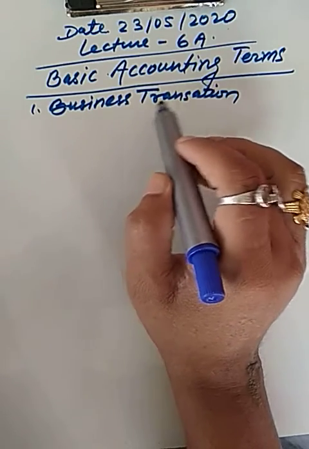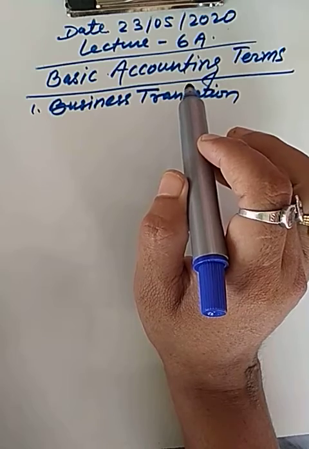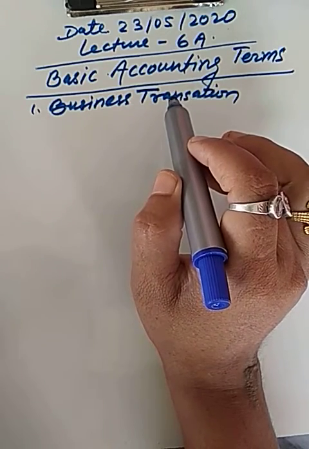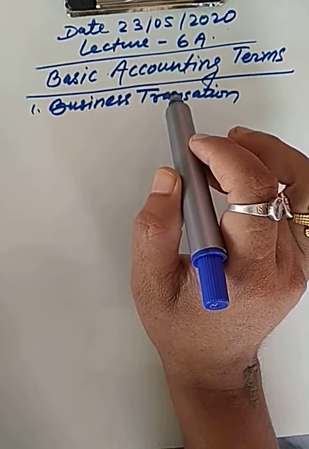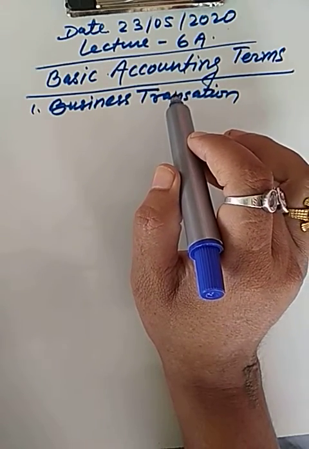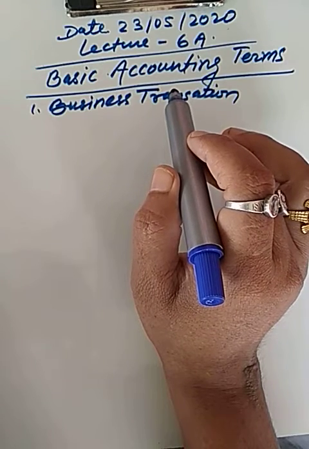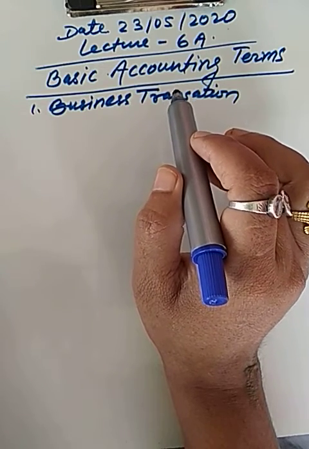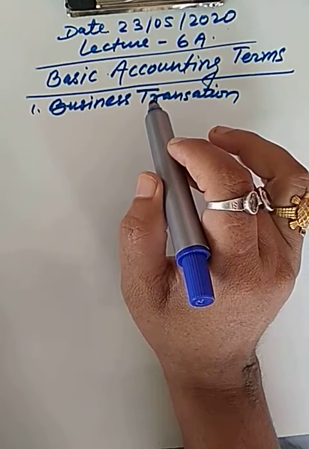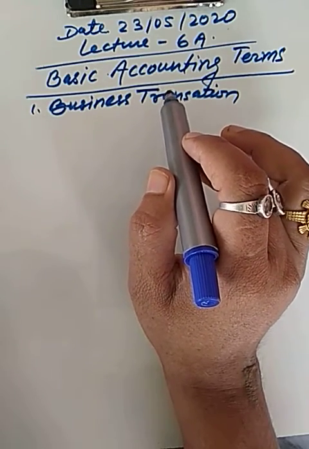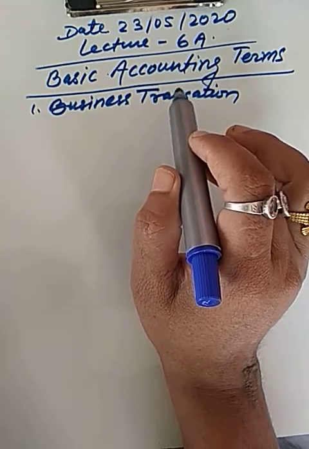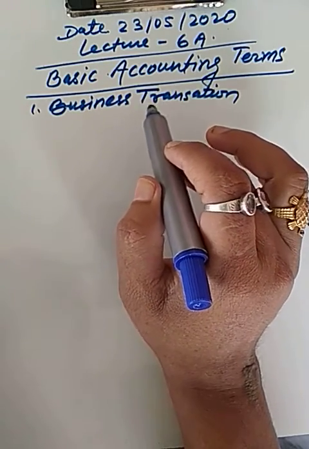Its feature is that it involves an economic activity. For example, when goods are purchased or sold for cash or on credit, or when salary is paid to an employee, or when interest is paid on money borrowed from the bank, a business transaction takes place.